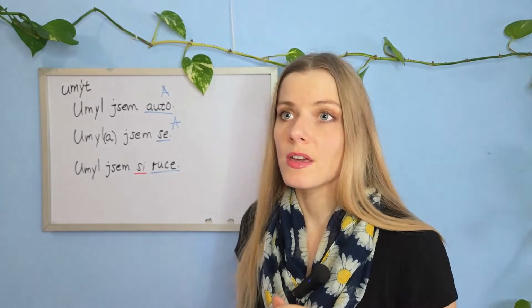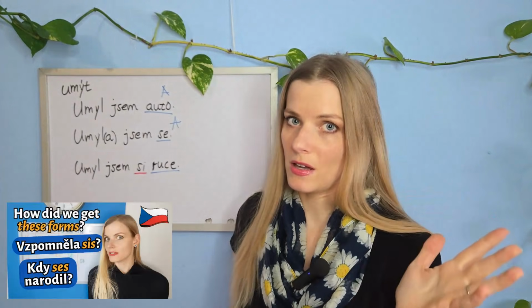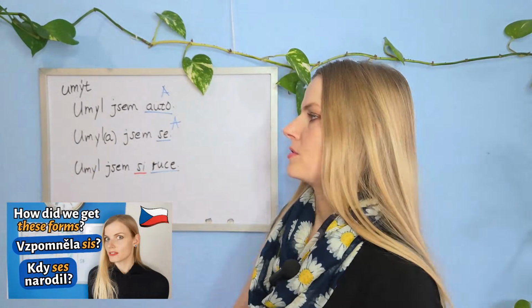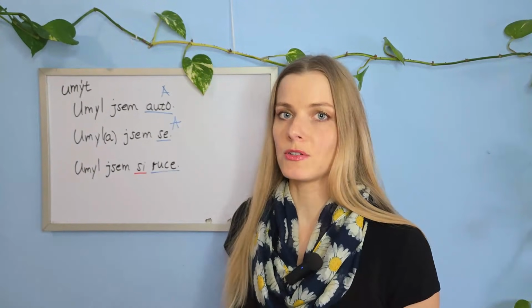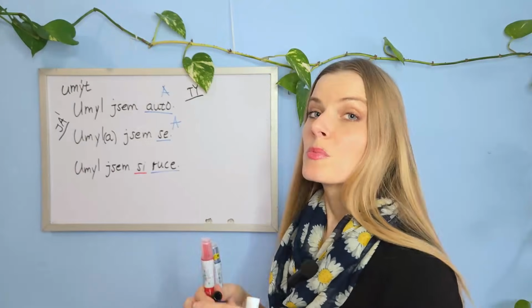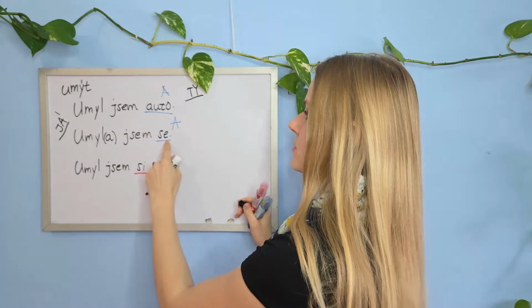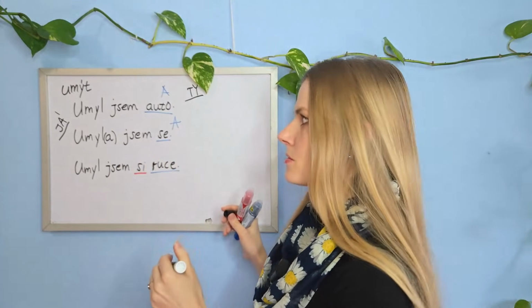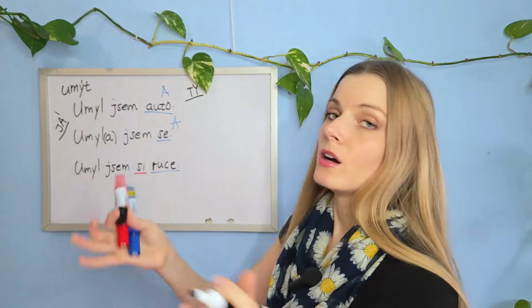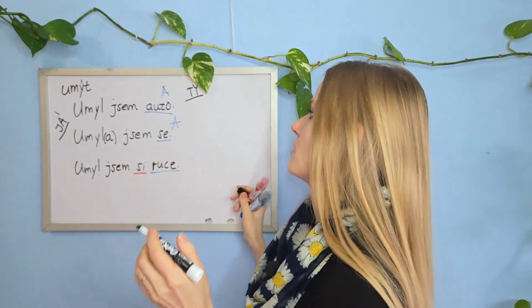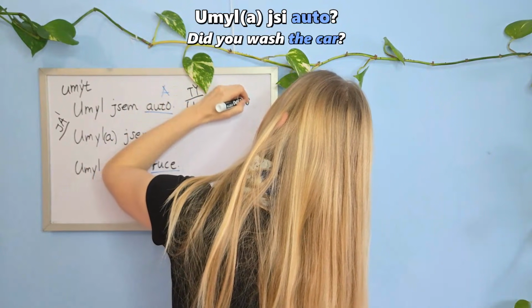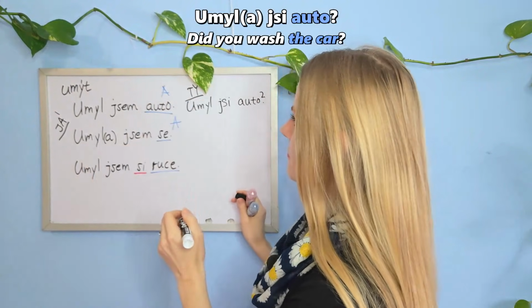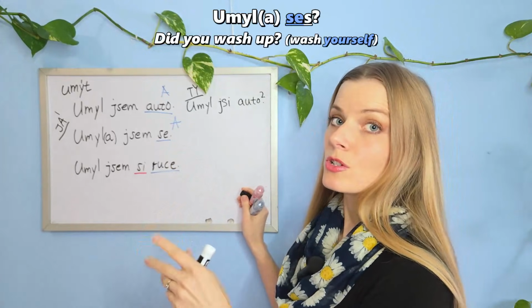And then one more thing, which I also covered in the past. This was ja person. We have to be careful in past tense with the ty person. Ty is tricky because it creates some interesting contracted forms. If you want to ask, umyl si auto, there's nothing strange. Umyl si auto or umyla si auto, no problem. What if you want to ask, did you wash yourself?